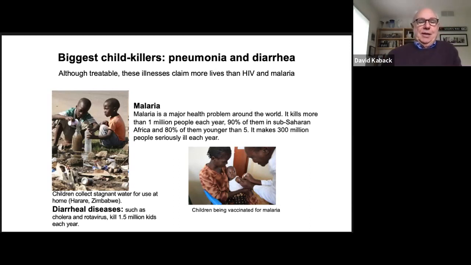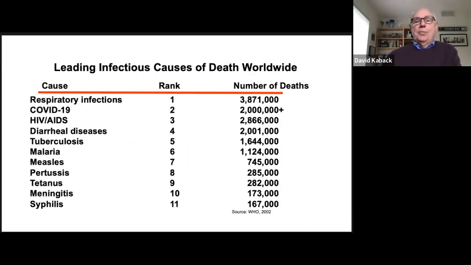SARS-CoV-2 epidemic. Anyway, the bottom line is infectious disease is a horrible shortener of life. You can see these WHO statistics, and we'll be soon back in. Actually, we never left the WHO yet, and we'll soon be back.